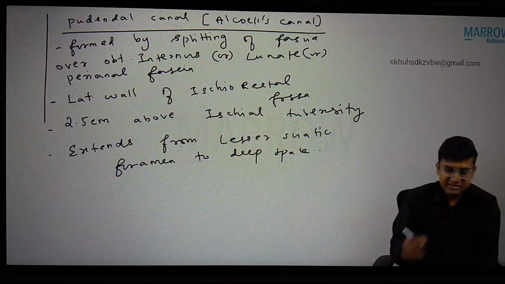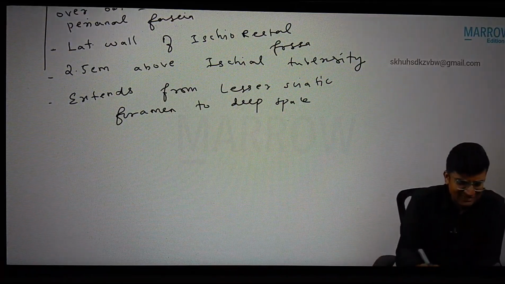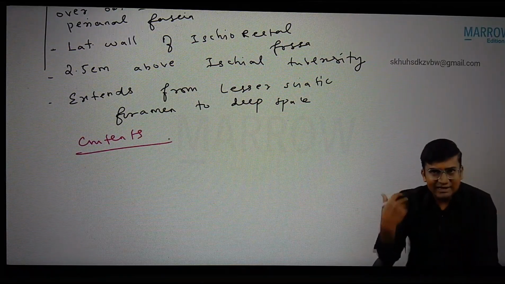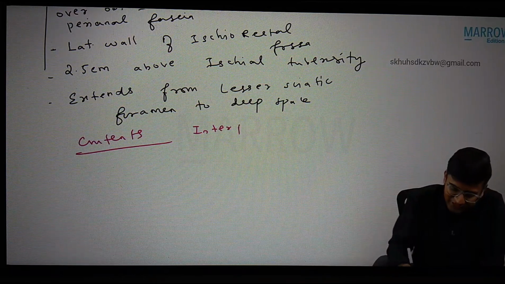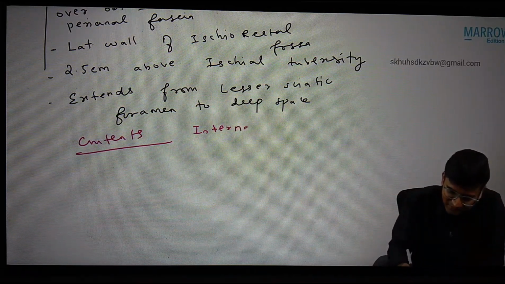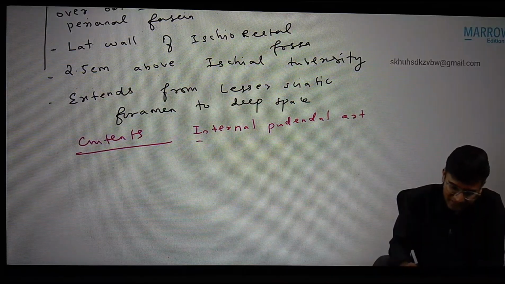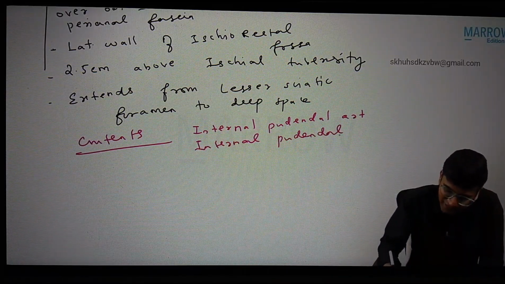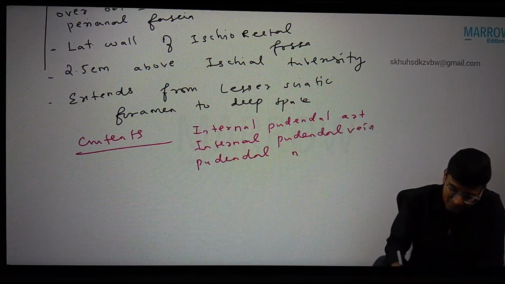Next, the contents, which are very simple. The pudendal canal contains the pudendal nerve and pudendal vessels: the internal pudendal artery, the internal pudendal vein, and the pudendal nerve.